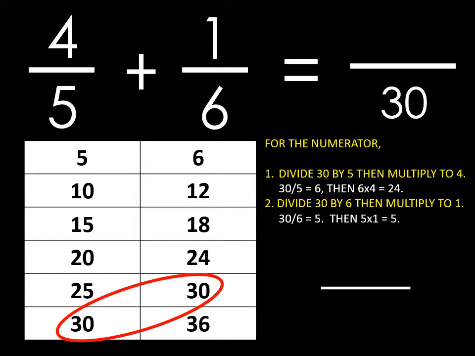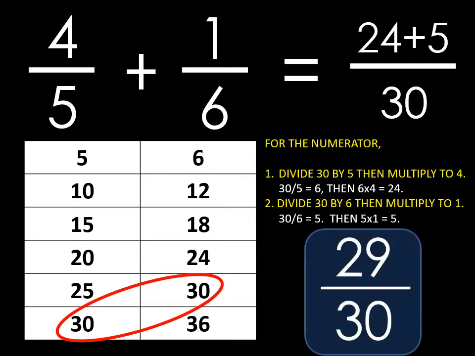Next, yung isa naman. 30 divided by 6 is equal to 5 and 5 times 1 is equal to 5. So, we will have 24 plus 5, and 24 plus 5 is 29 over the denominator 30. So, that will be your final answer.